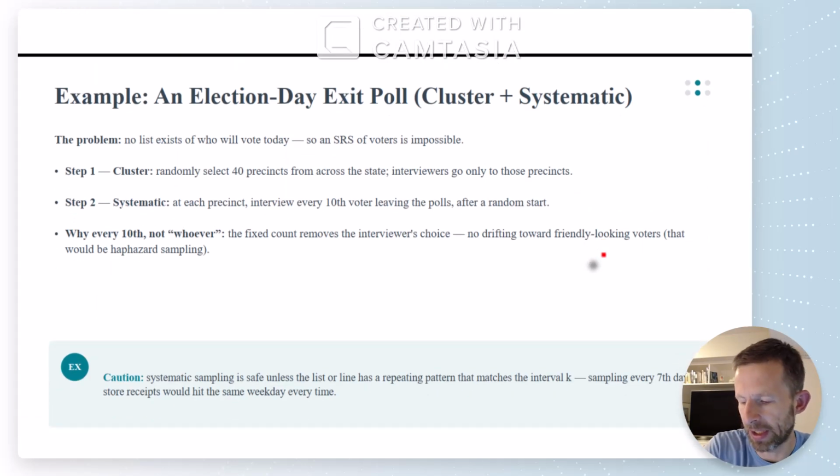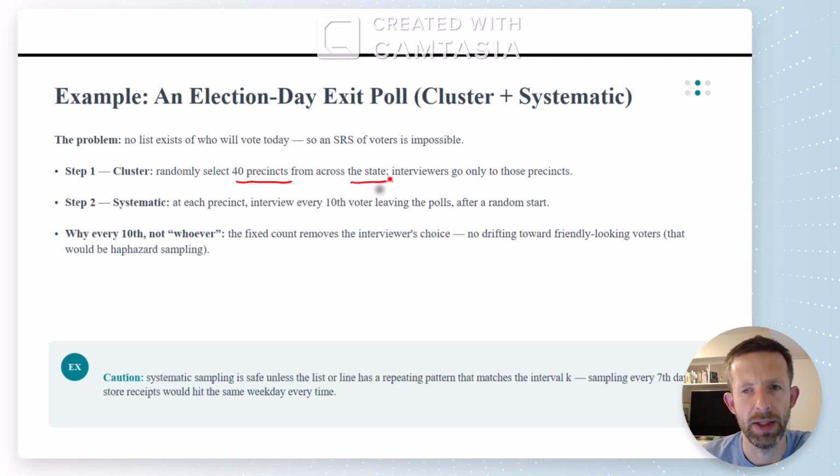Another example, election day exit polls, clusters plus systematic. Here you would choose 40 precincts across the entire state. Each of those would be a cluster. And as people are leaving, you talk to every 10th voter. So you would start with a cluster and then systematic.